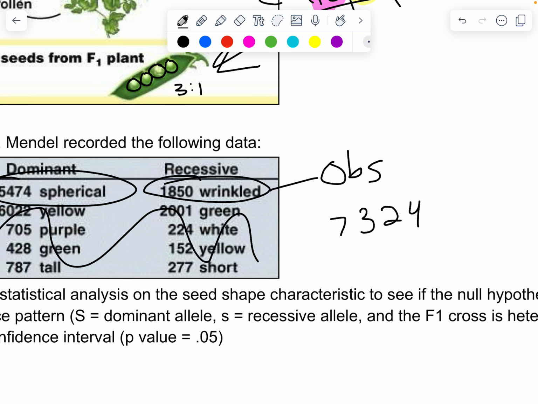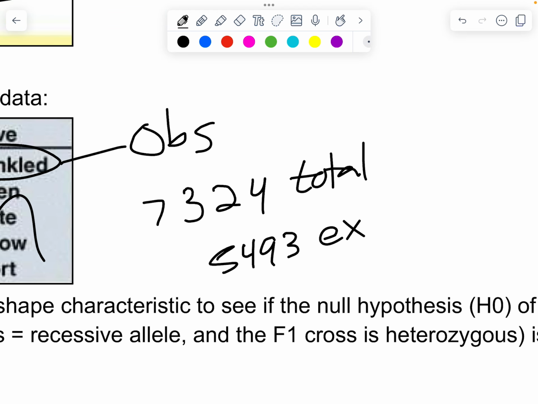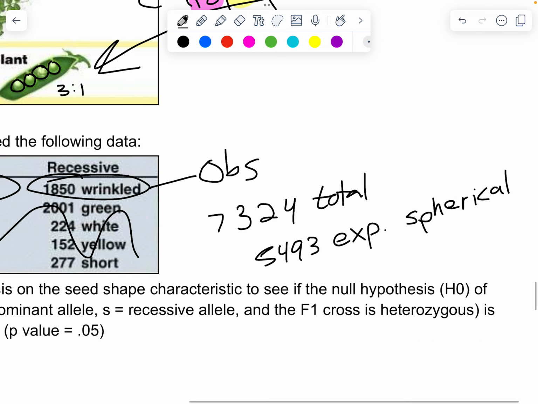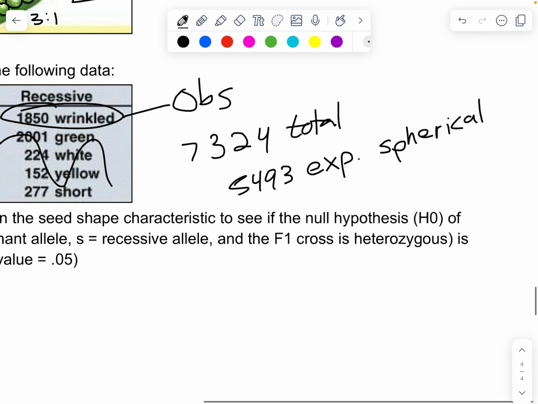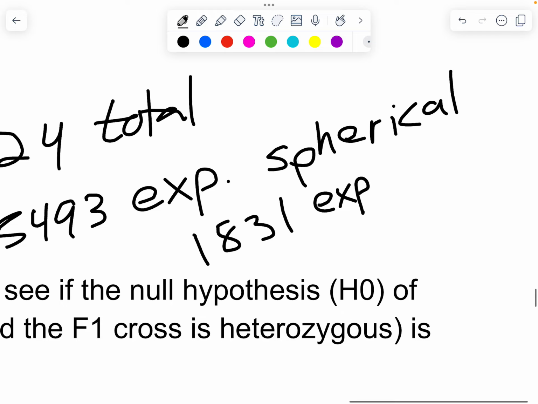Times 3, divided by 4, I expect 5493 to be spherical. I can't write when I talk. And then 1/4 of the total, 7324 divided by 4, is 1831 expected wrinkled in my F2s.